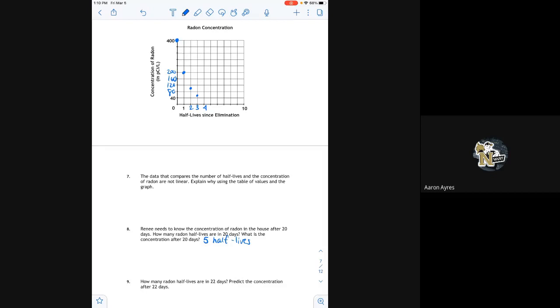You can continue the table pattern, you can continue with the graph pattern. You really didn't have to do any kind of equation solving or anything like this on this one. Turn and talk to your roommates for 30 seconds to get the same answer for 5 half-lives. Okay? Go.